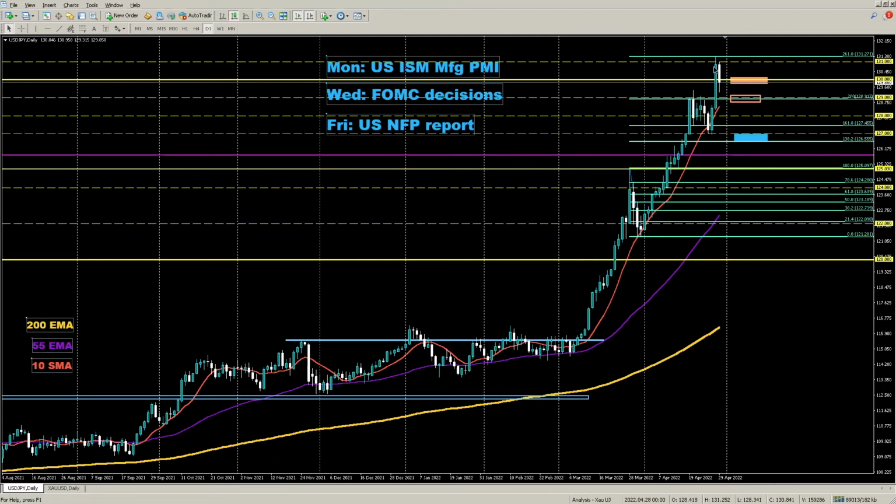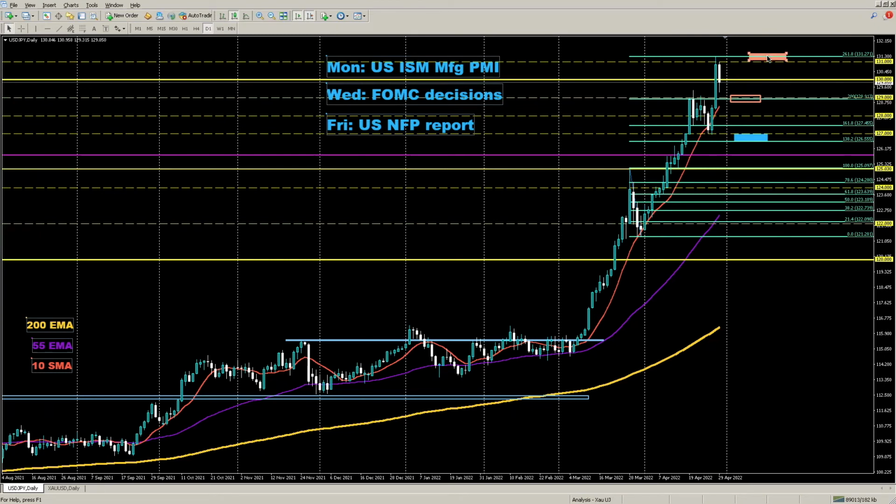This was supported with the BOJ not being hawkish at all, and because of that, the dollar took over and continued to rally higher, and that was on Thursday, and easily punched through the 130 level.